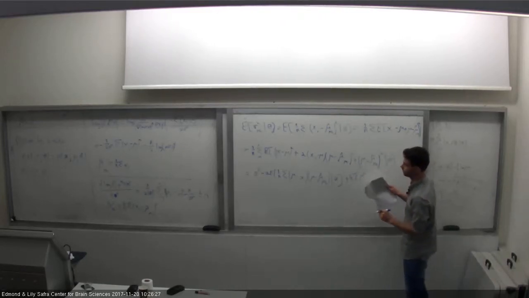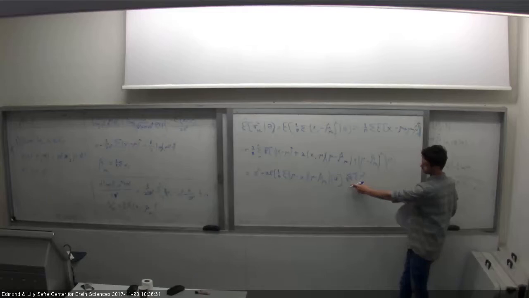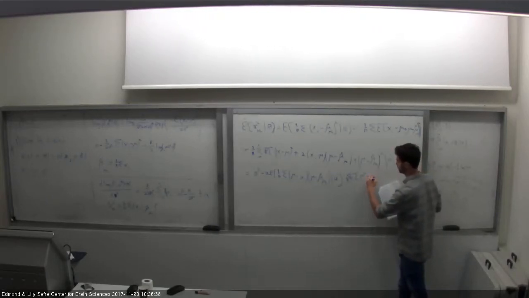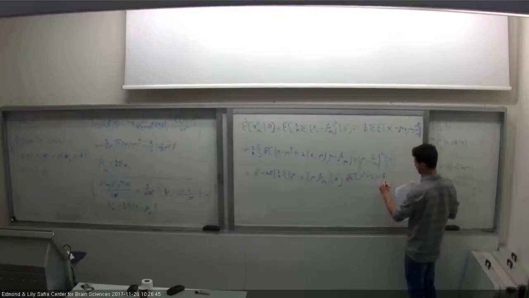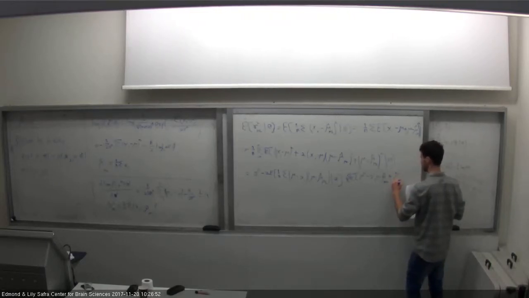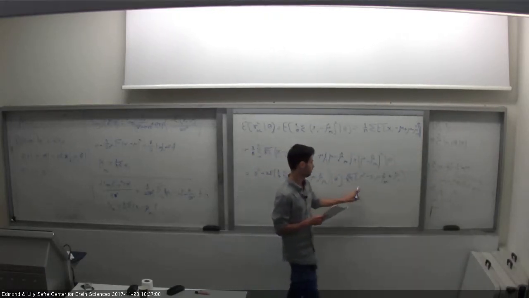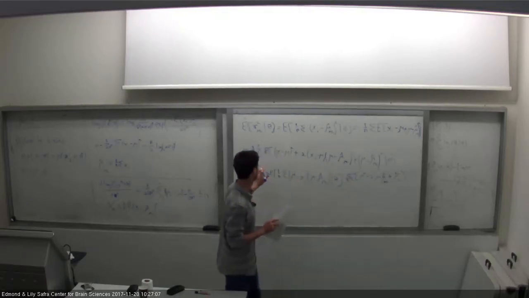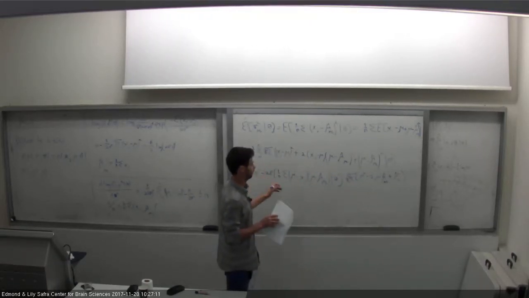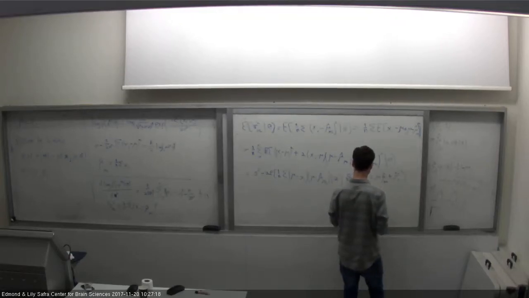No, the sum is over. We can write it as the sum over the expectation of mu to the square minus 2 mu times the estimator of mu, plus the estimator of mu to the square. Okay, divided by n.